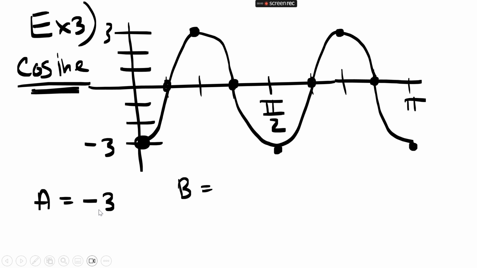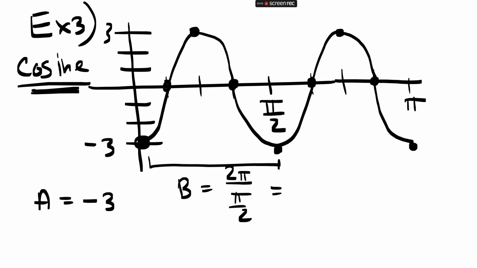It's cosine. My b value is 2 pi over my period. So how long did it take for me to go from the bottom, go up, and go back down to the bottom? Pi over 2, right there. Oh, this one, remember this one here? The complex fraction, so it's going to be 2 pi over 1 multiplied by the reciprocal of this guy.